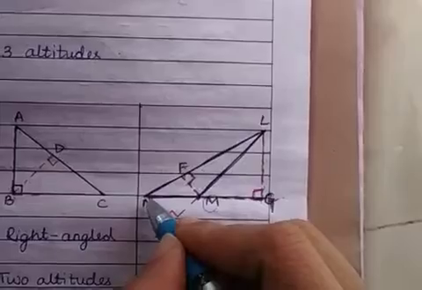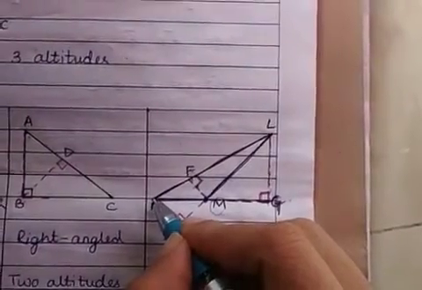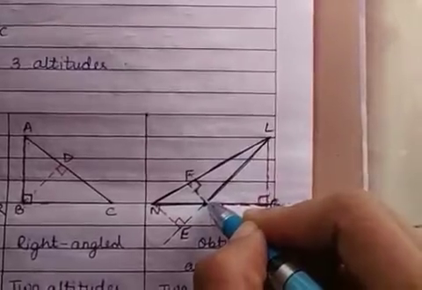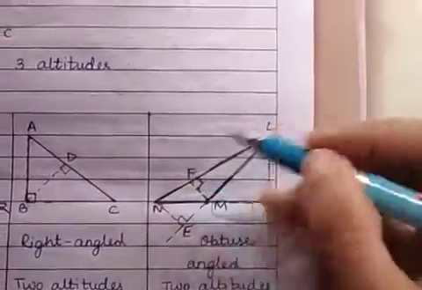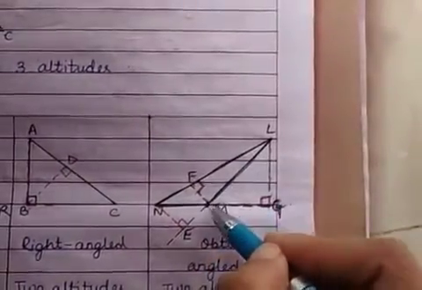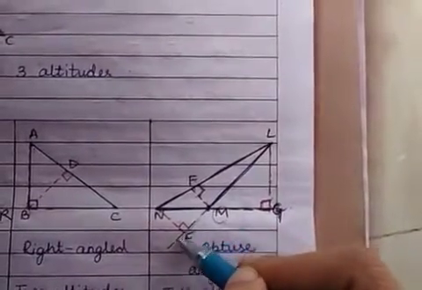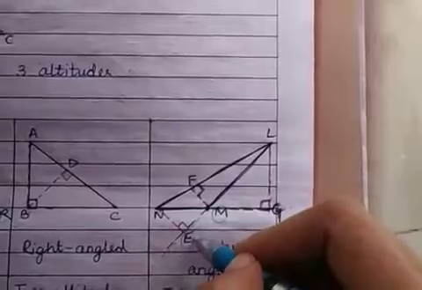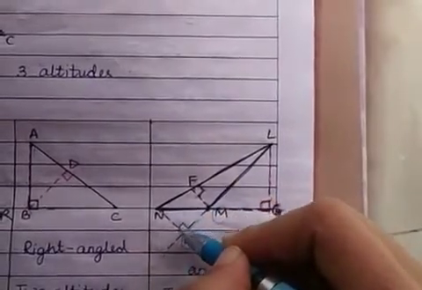Next let us take the vertex N, and which is the side opposite to N? LM. Now you can see if I want to draw a perpendicular, I will have to extend the side LM. I have extended the side LM to E, and now I am drawing the perpendicular.